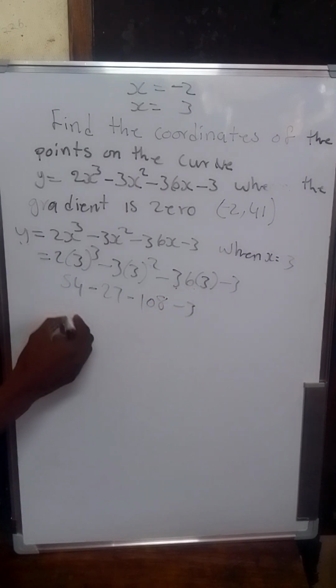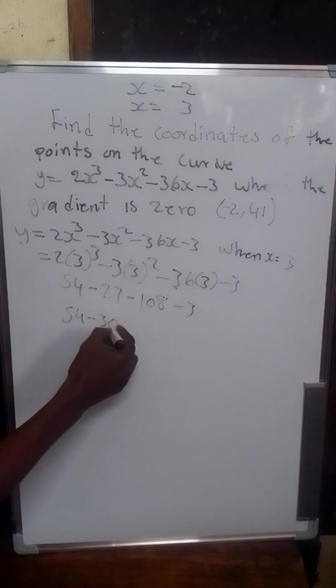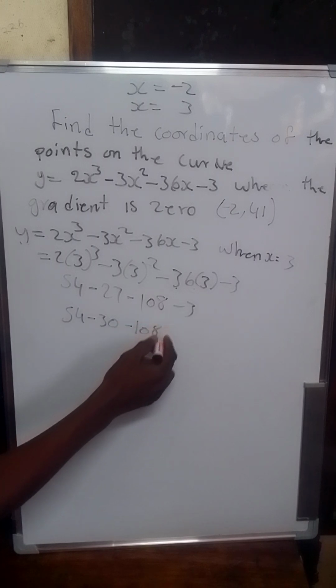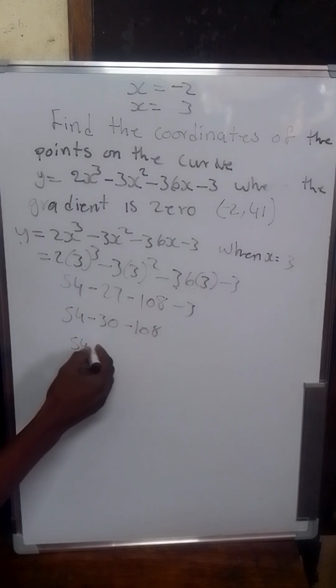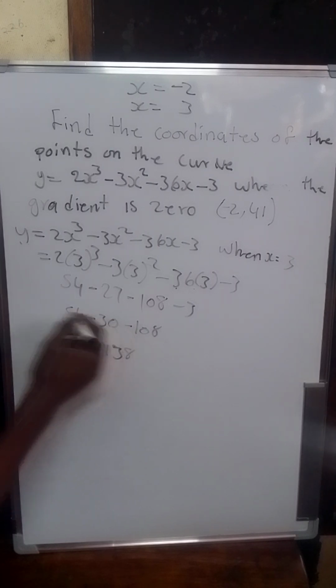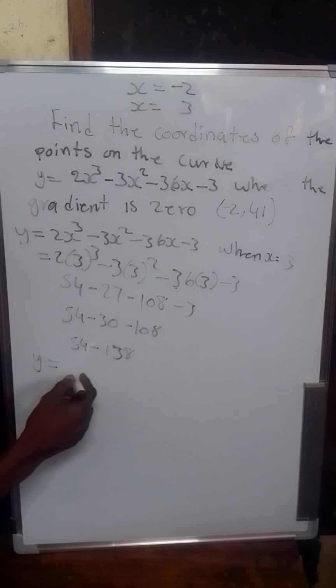So we add: this is 54 minus 30 minus 108, and this gives us 54 minus 138.